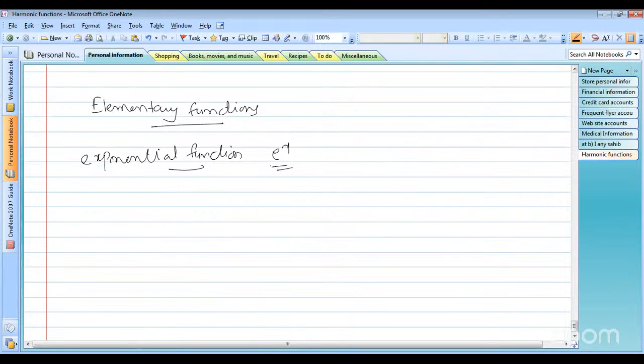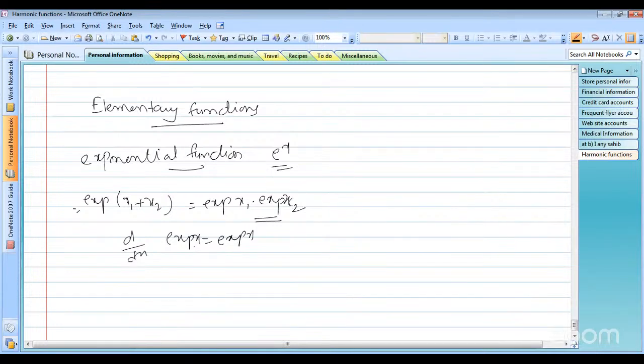The motivation being the exponential function of the complex variable, two principal properties of the real exponential function: exponential of (x1 plus x2) is equal to exponential of x1 into exponential of x2, the addition becomes multiplication. Then the first derivative d by dx of e power x is e power x. There is no change to the exponential function here.